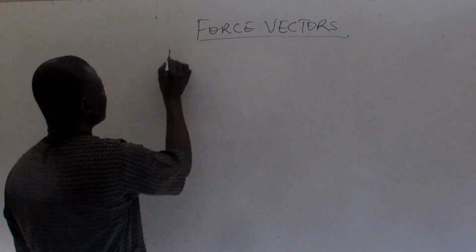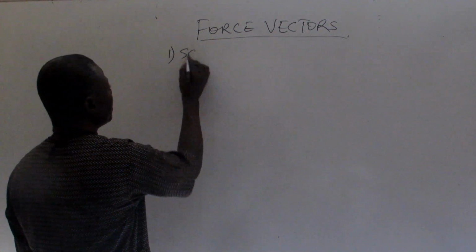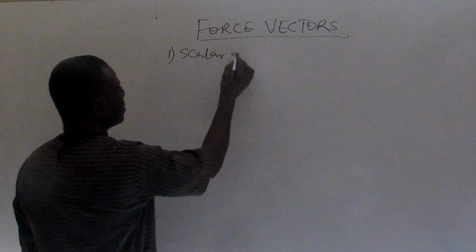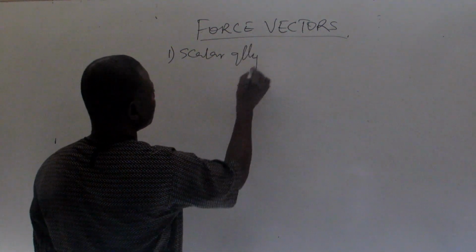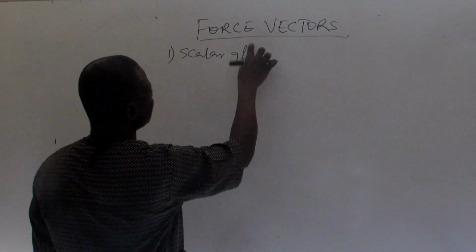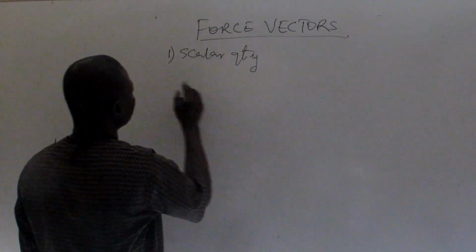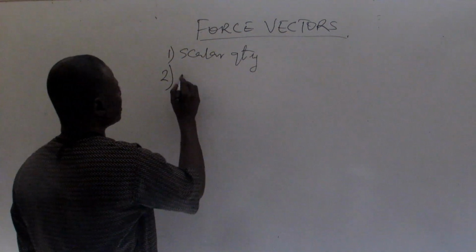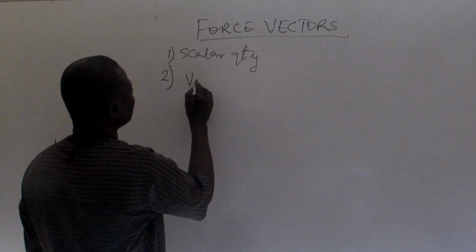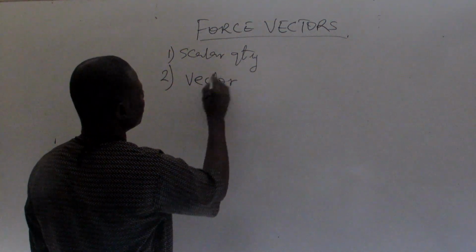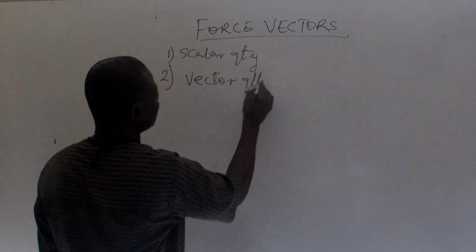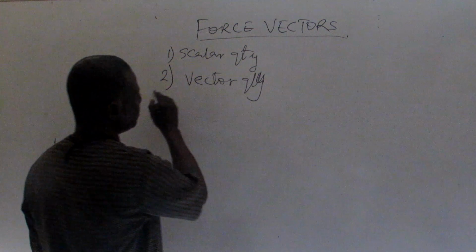And those are, one, scalar quantity, second is vector quantity.